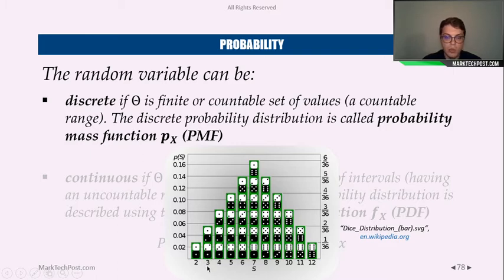How many times do we get the value of 3? Well, if the black dice takes the value of 1 and the white takes the value of 2, and vice versa, and so on. As you can see, we have a discrete number of values that the random variable can take, from 2 to 12.